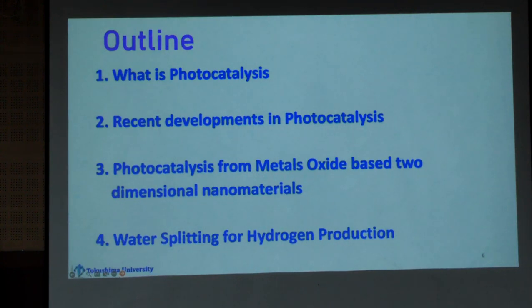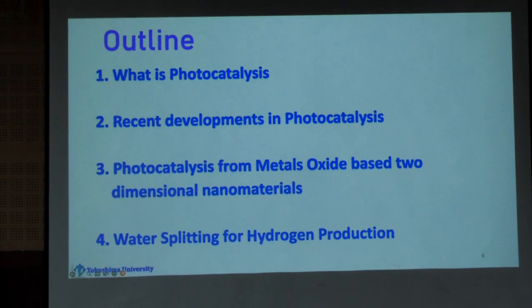What does photocatalysis really mean? Then what kind of recent developments have occurred in the field of photocatalysis? Then there are some examples to prepare nanocomposite material based on metal oxide and see how they behave when they are considered for photocatalysis application.